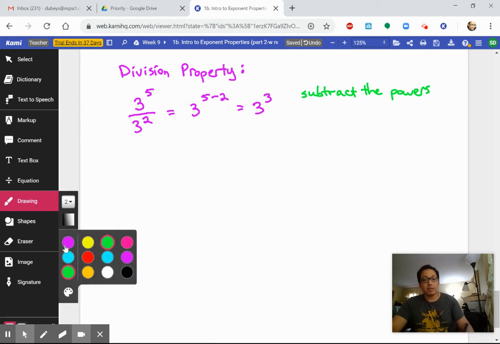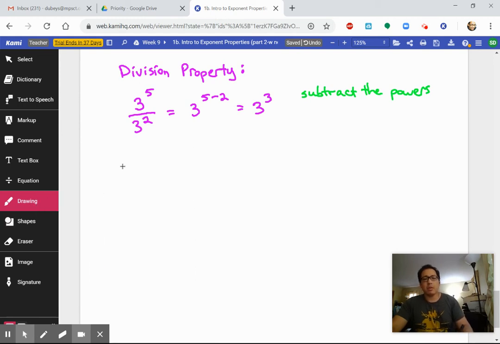And then we've got this other thing that was probably a little bit tricky to think about: negative exponents. How do we deal with negative exponents? Let me provide a couple of examples here.